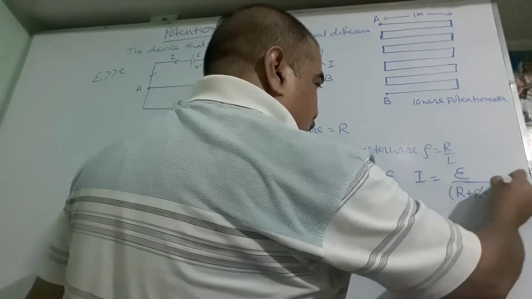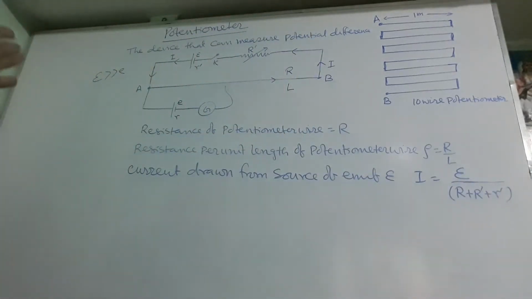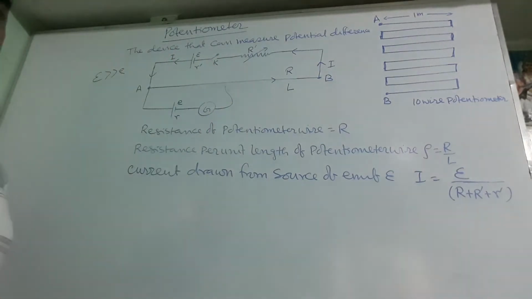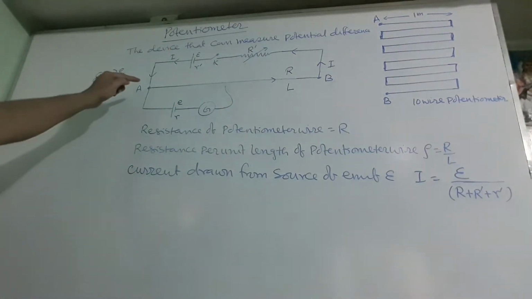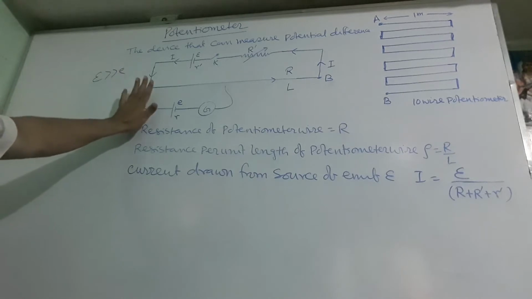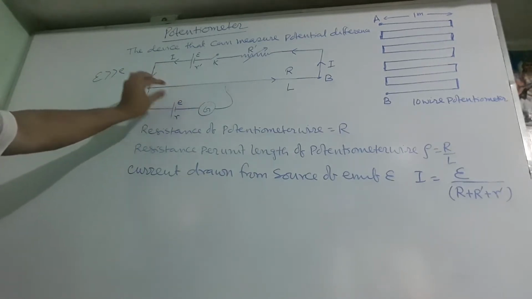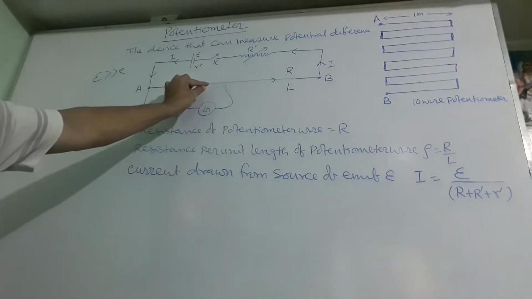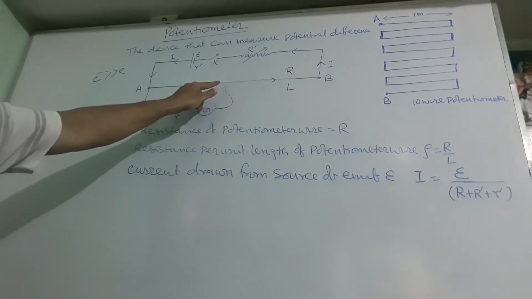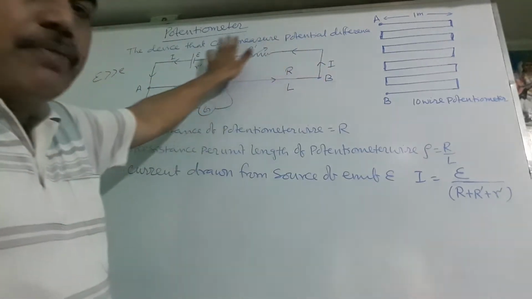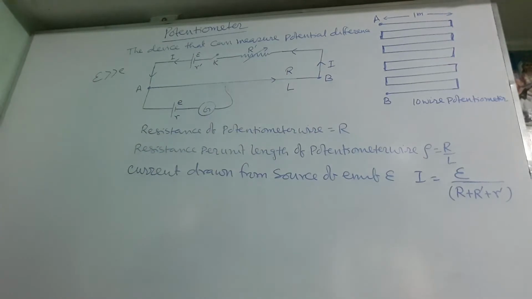So this is the total resistance, and this is the current drawn from this source. At this point, if branching of current does not take place or any current is not added, then the same current flows here also; otherwise the current may change from here to here. But this part will have the same current everywhere, that is I.